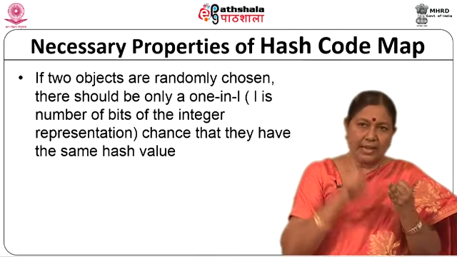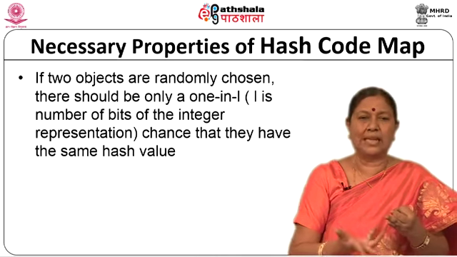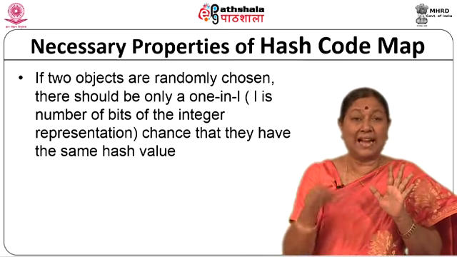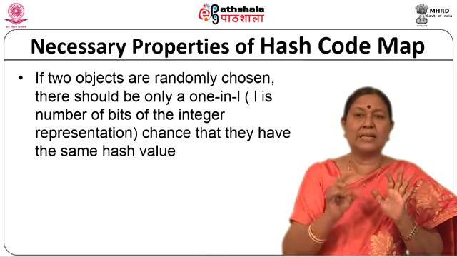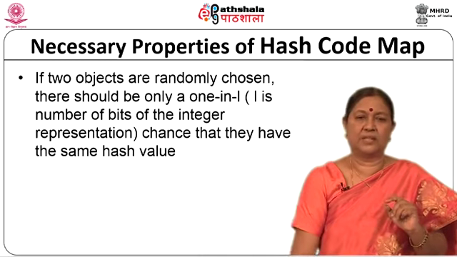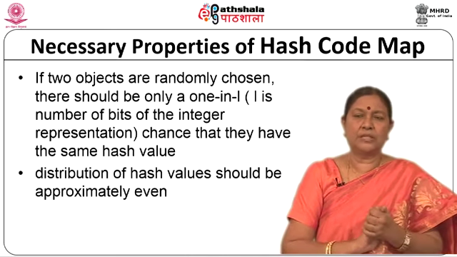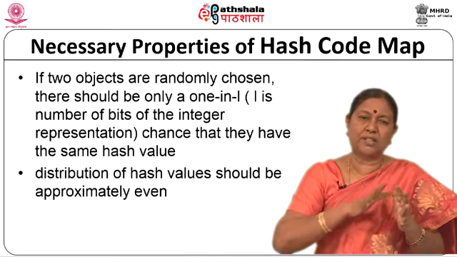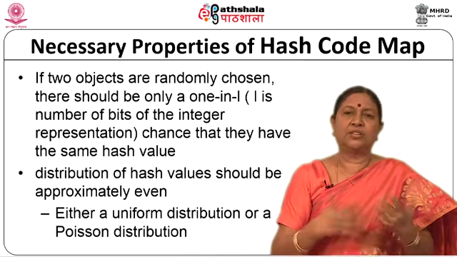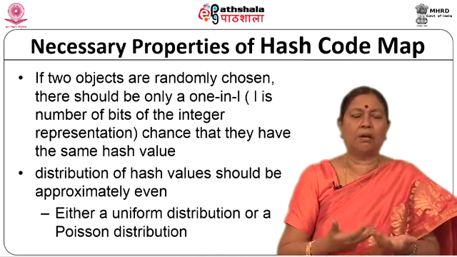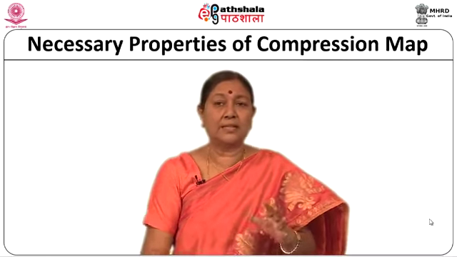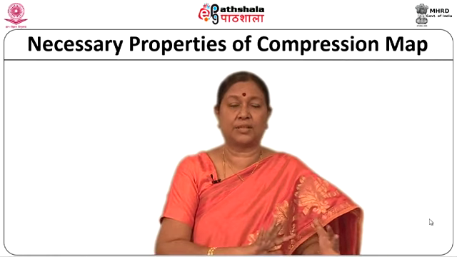So, given two randomly chosen objects or keys, there should be only a 1 in I chance, I being the size of the integer representation, that they map to the same value. The distribution of hash values should be approximately even, either a uniform distribution or a Poisson distribution. Those are the necessary properties of the hash code map.